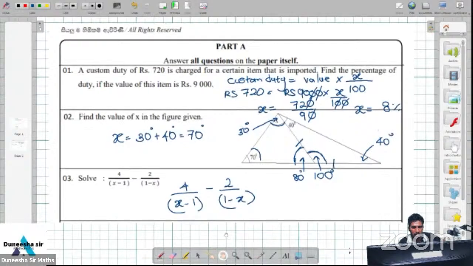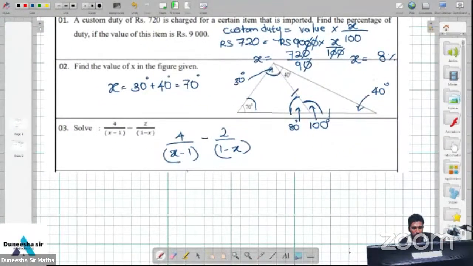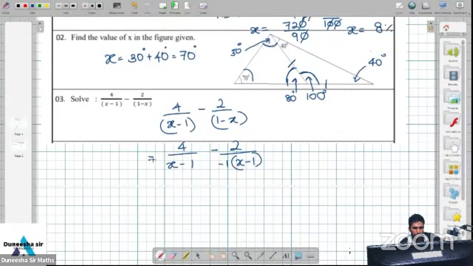Okay. Can you see, 4x minus 1 minus, then you can take minus 1 out of the bracket, then x minus 1. Can you see both denominators are equal now?